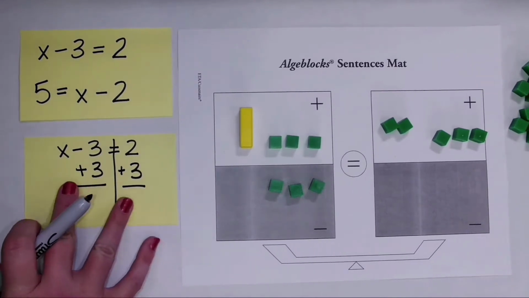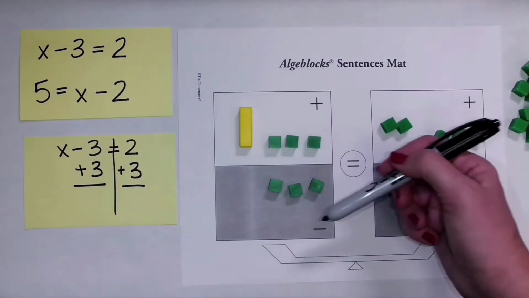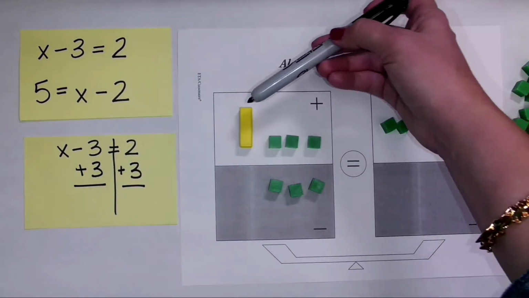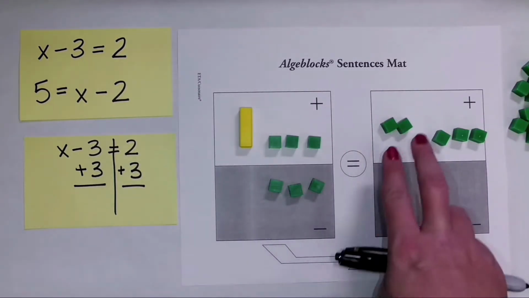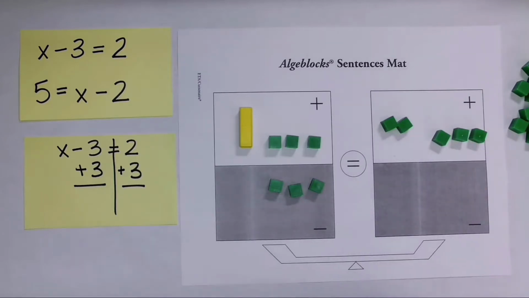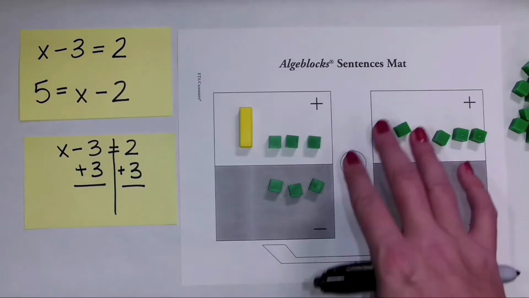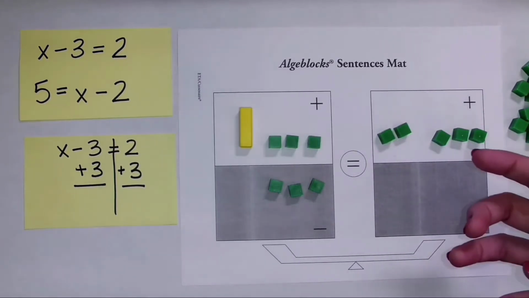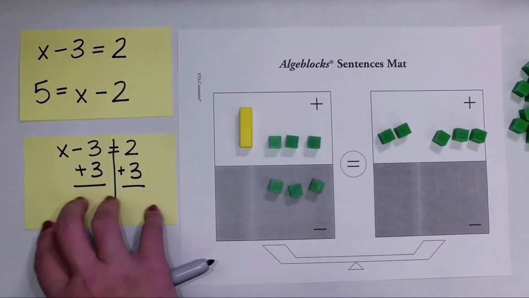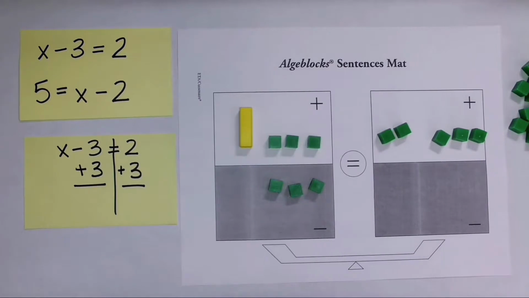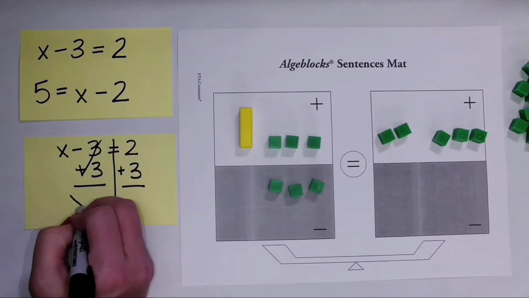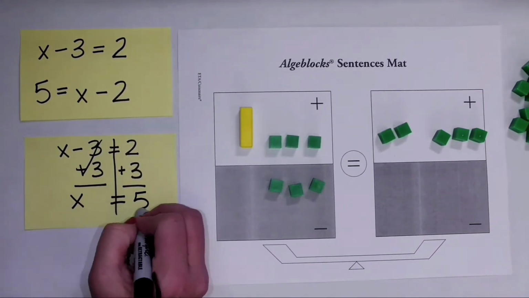So if we look at this right here, this is exactly what we have set up with our manipulatives. x and minus 3 plus 3 will cancel to 0. And then I have 2, and then I added my 3. You want your use of manipulatives to mirror what the abstract form of the problem is doing, both conceptually and procedurally. So here I have that equals 0, so x equals 5.